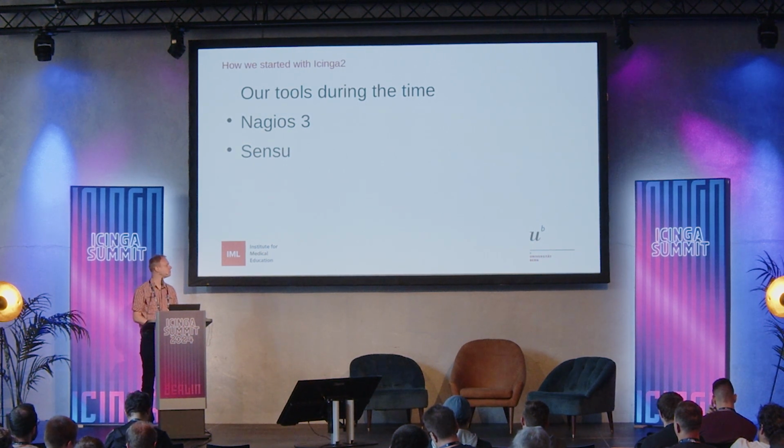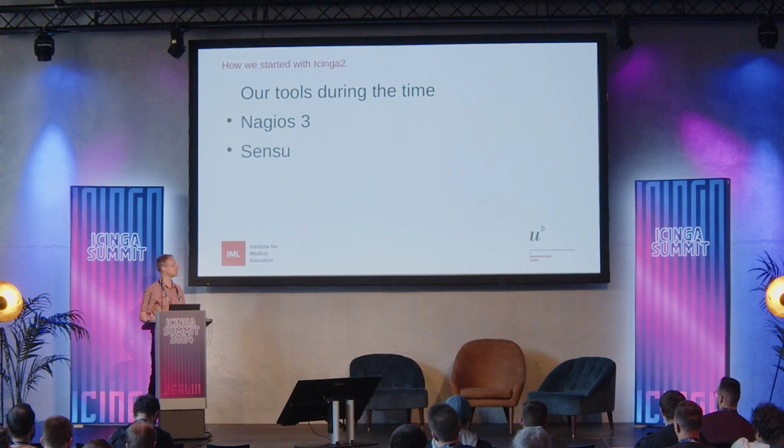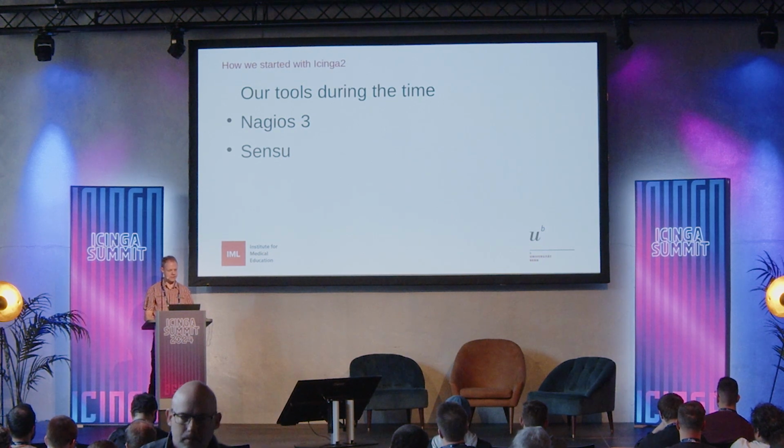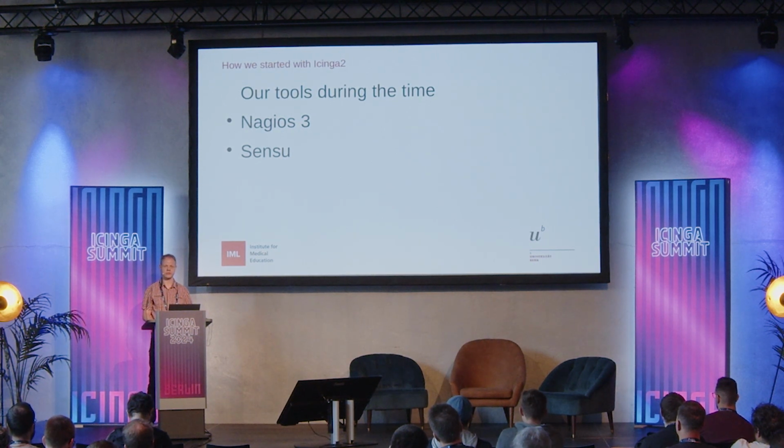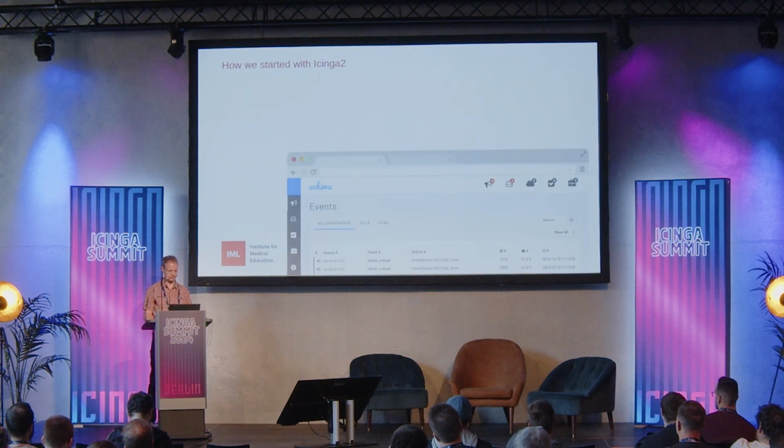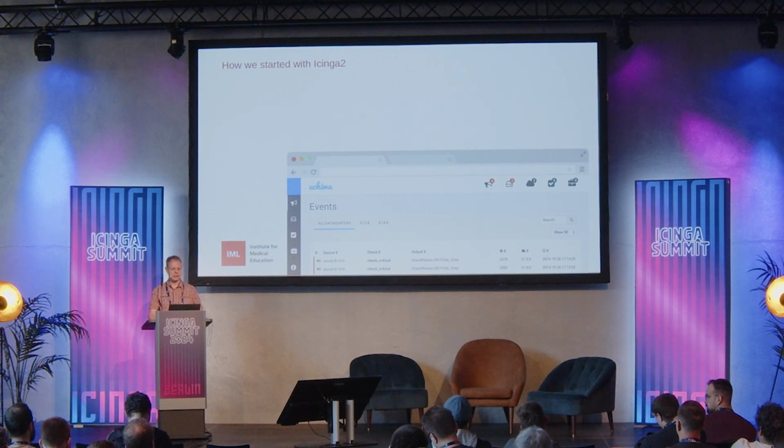It was very simple, and new checks and new hosts appeared within a second in the display. It also used Nagios-compatible check scripts. That is a small screenshot from Uchiwa, the tool we used to display the monitoring information.